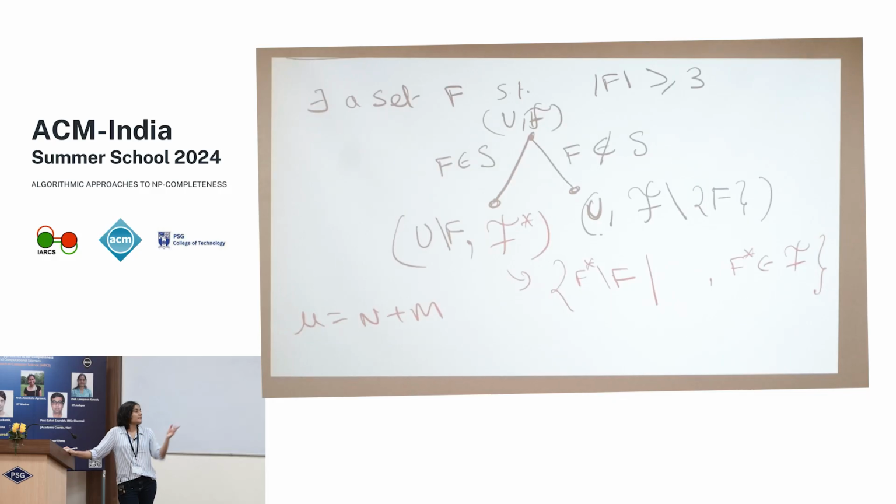Okay, why will the number of sets increase here? Corresponding to every set in F, I am only adding one set. I am not adding any new set in F star. So the sets will remain the same. It will only decrease, right?